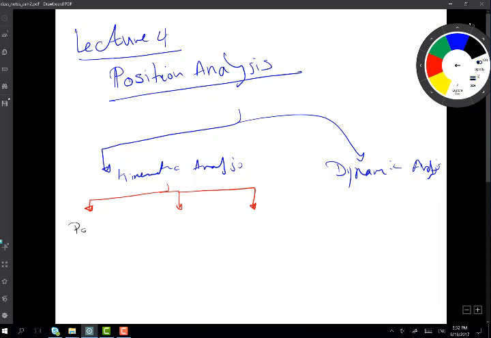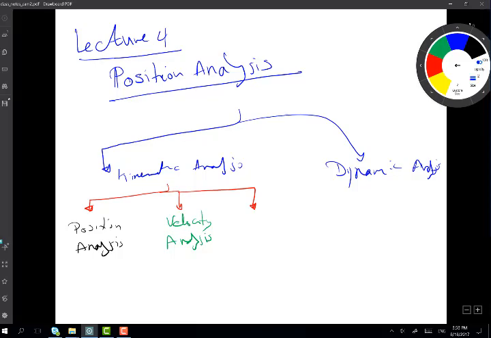Position analysis. Of course, this is 100% geometry based. Then if you know the position, you can go ahead and perform a velocity analysis. And if you know the velocity, you can then undertake the acceleration analysis.